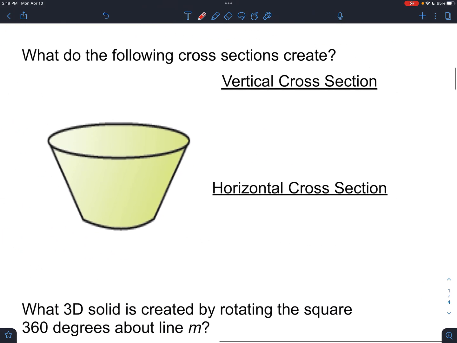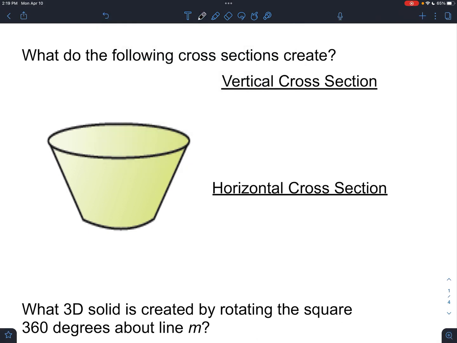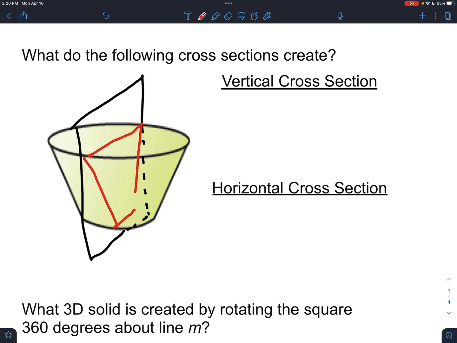Now this one's a little tough, but if you cut it vertically, just chopped it straight down, I think you would get this line here, and you'd get a line down there, and you would connect these. That would be the shape.